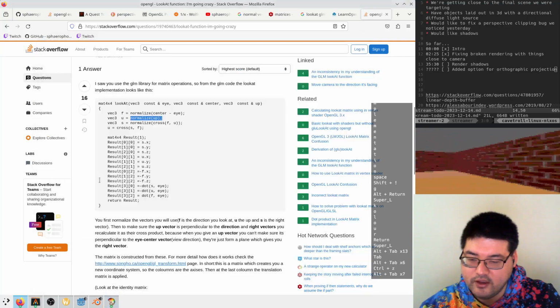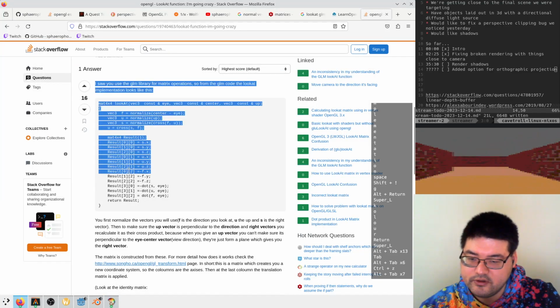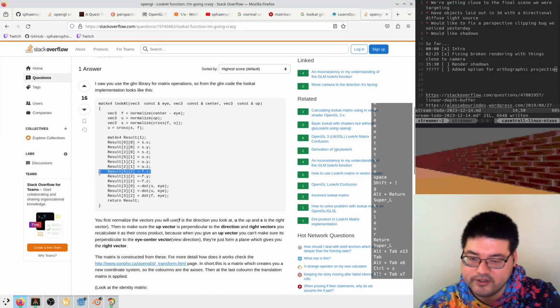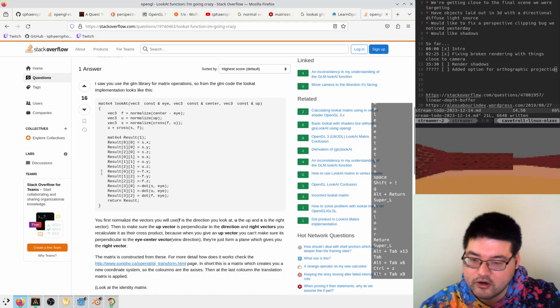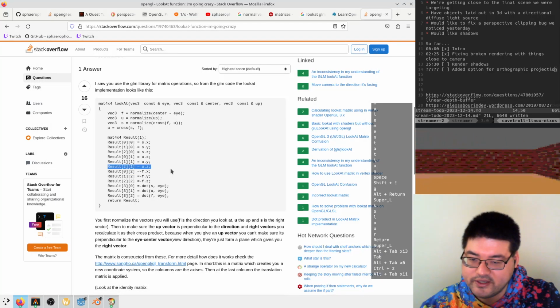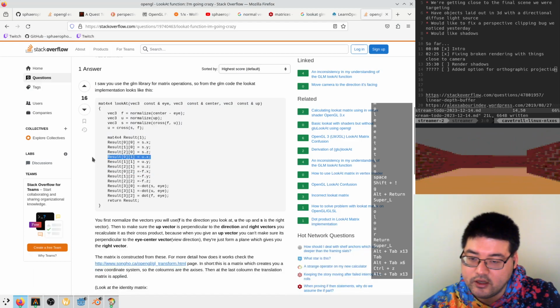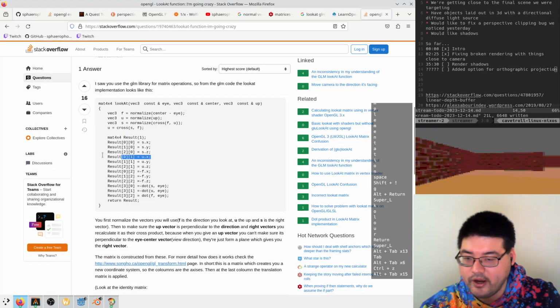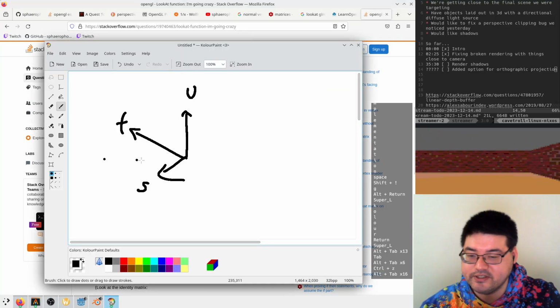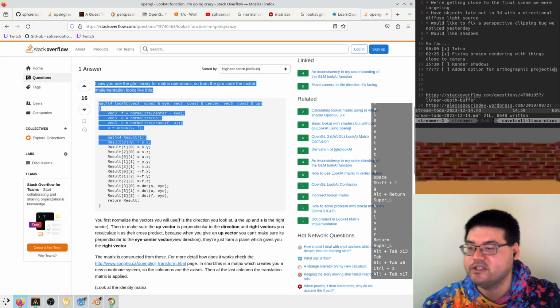And then they're saying if you have 1, 0, 0 on X, you're getting forward as Z, which makes sense. You're getting up as Y, also makes sense. And S is your new X. That doesn't seem that crazy.